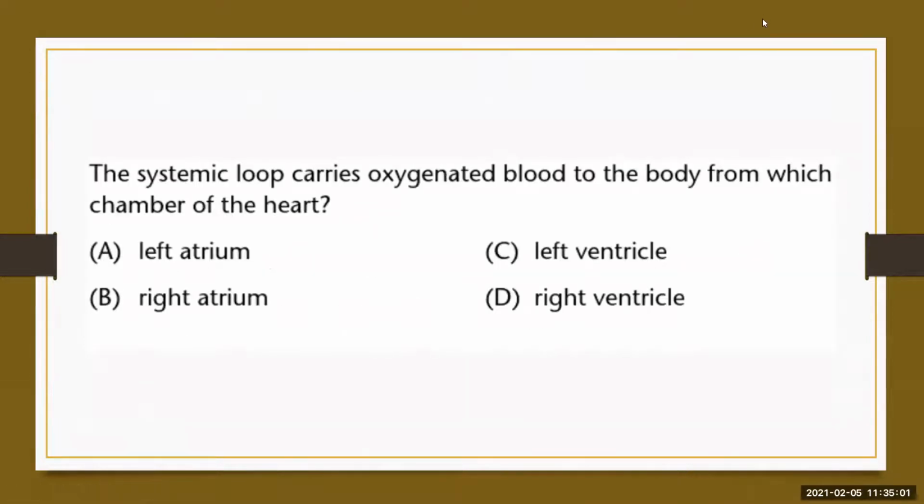Okay. So the systemic loop carries oxygenated blood to the body from which chamber of the heart?